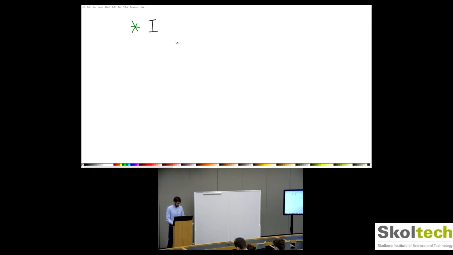So this is the work of Kaess in 2008. Basically, it's incremental SAM. And the intuition is, okay, we have calculated this adjacency matrix or the information matrix, whatever you want.